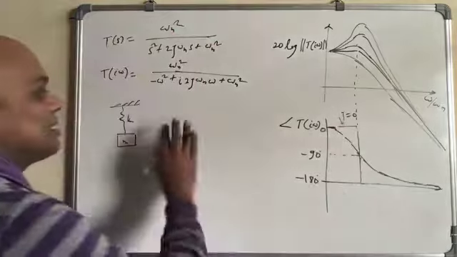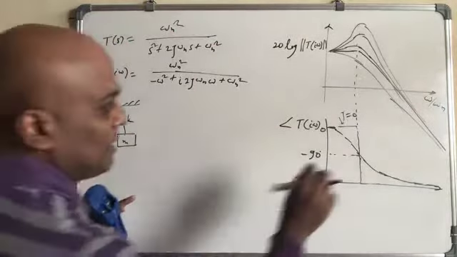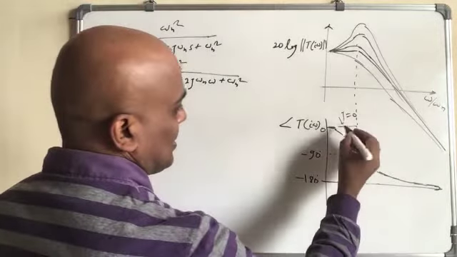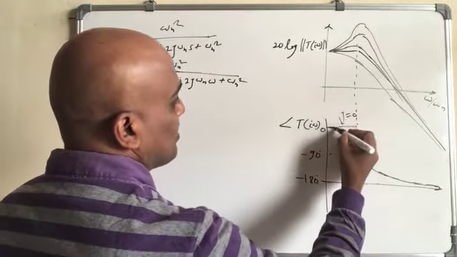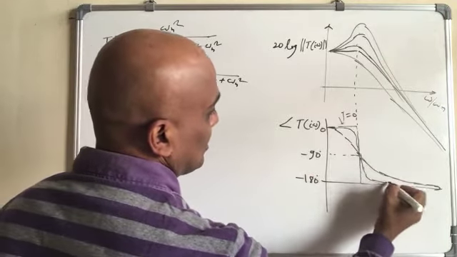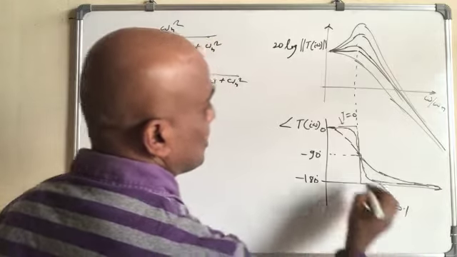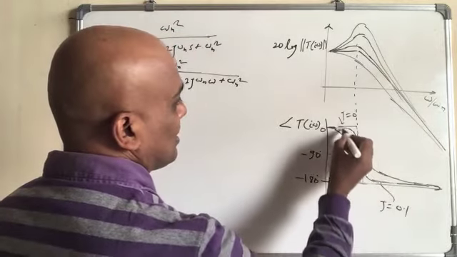So these things we have studied already during the vibration class, right? So you can relate here. Then if you have a very small zeta, it will be like this one. Let us say this is zeta equal to 0.1 and so on, right?